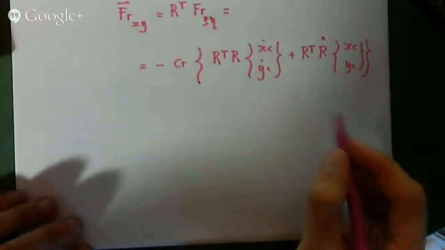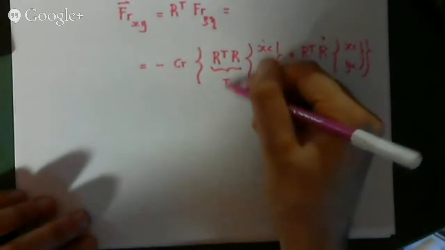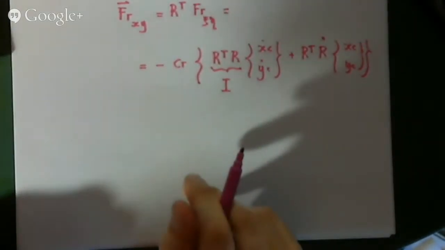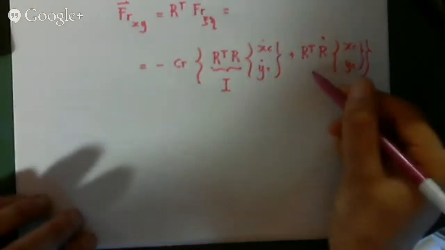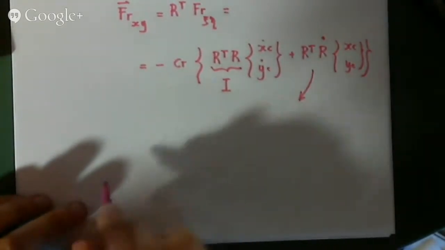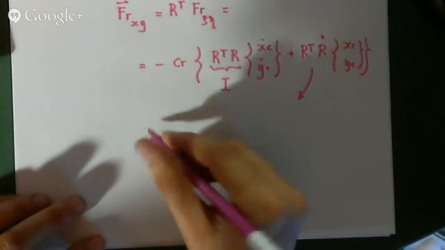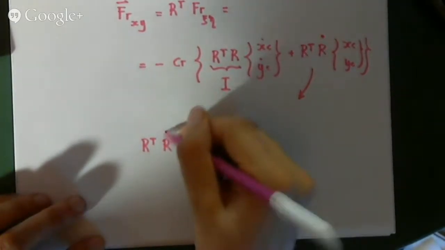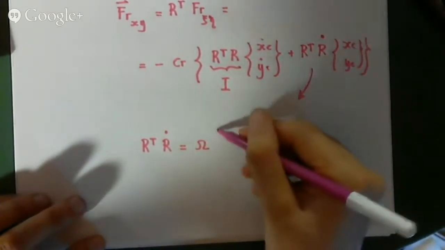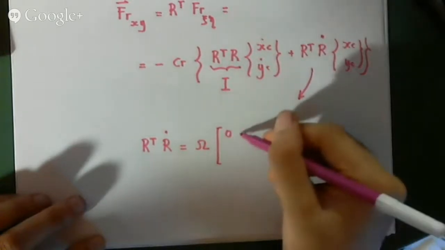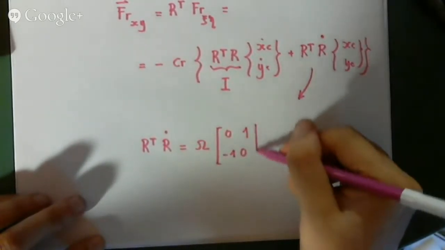But R transposed per R is the identity matrix. With simple computations, it follows that R transposed per R dot is equal to omega times 0, 1, minus 1, 0.